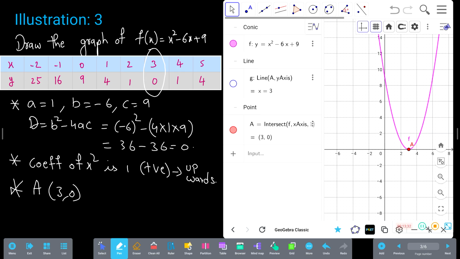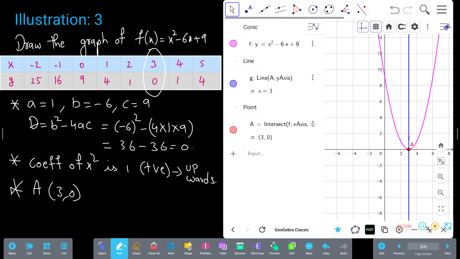Here the zero value and the vertex are both the same. Okay, and next we can easily say that this is the axis of this parabola, the line passing through the vertex and parallel to the x-axis.